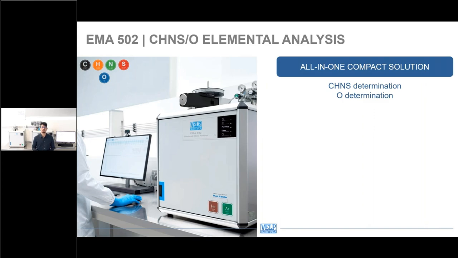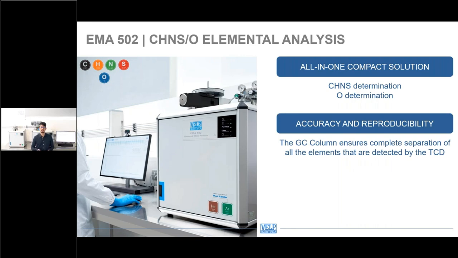But which are the main features of our EMA 502 elemental analyzer? First of all, we are talking about an all-in-one solution, so it does not require any add-ons or additional external modules. It is possible to easily perform CHNS analysis and then switch to oxygen mode in a few seconds.